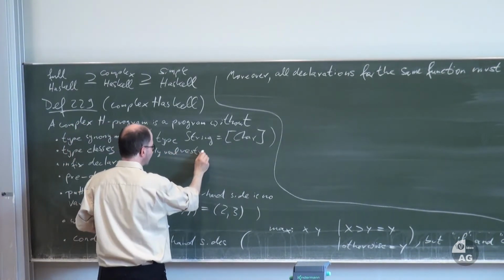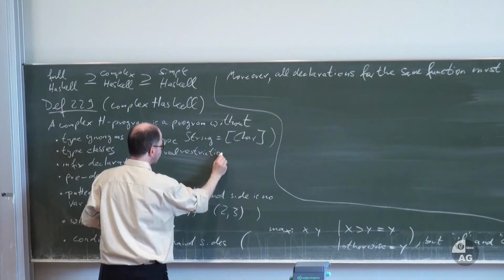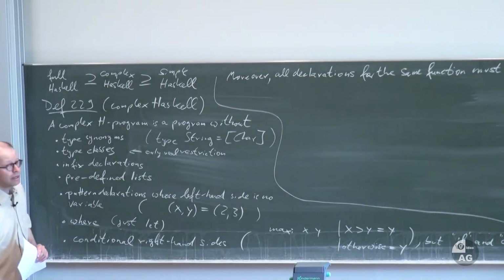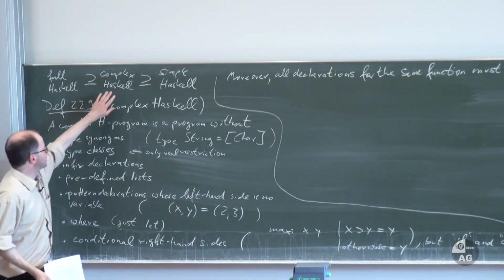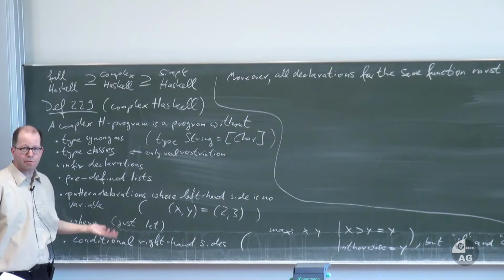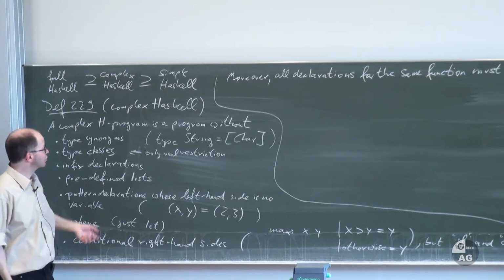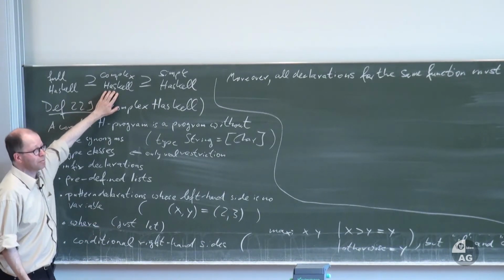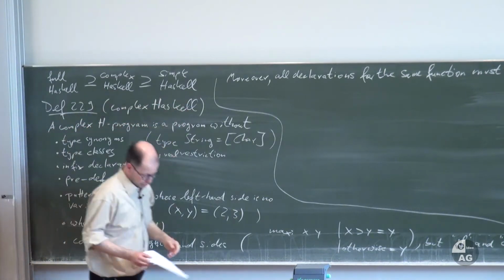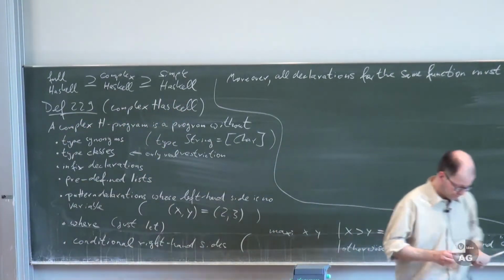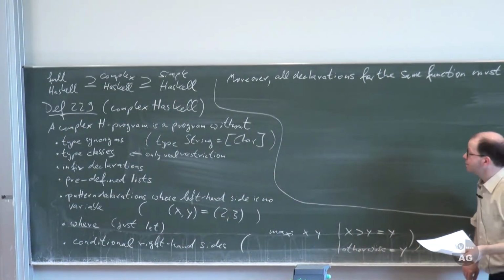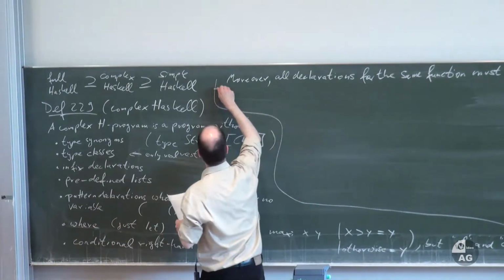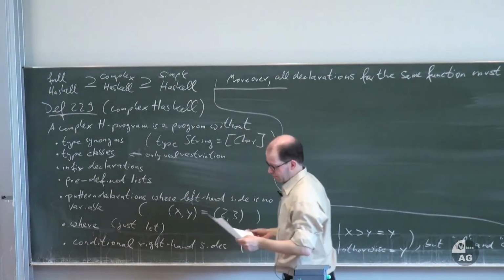The rest are no real restrictions. Okay, so this is complex Haskell, essentially Haskell without type classes and without some syntactic sugar. And the question is how to transform any complex Haskell program into an equivalent simple Haskell program. And the main goal of the transformation, of course, is to get rid of pattern matching.